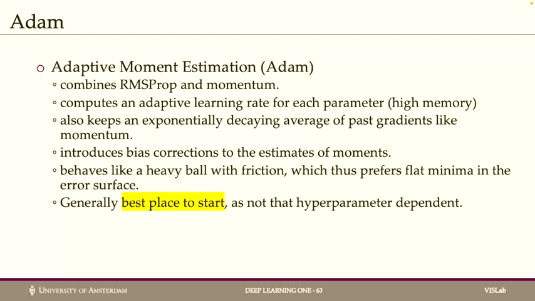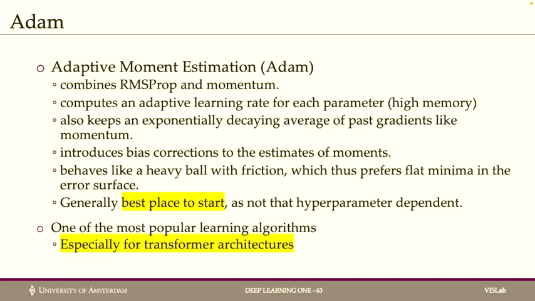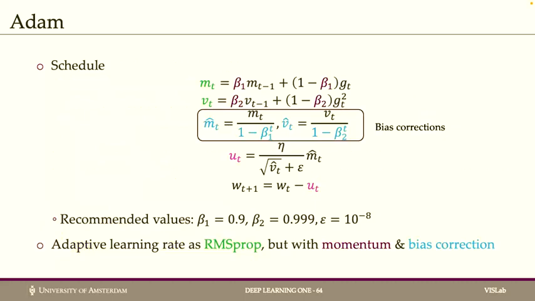Generally, it's the best place to start, because it's not that hyperparameter dependent, and it's one of the most popular learning algorithms, and the only one which works for these transformer architectures that we'll be talking about in lecture 7.